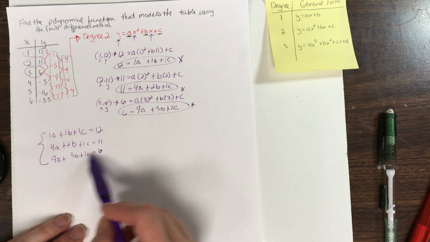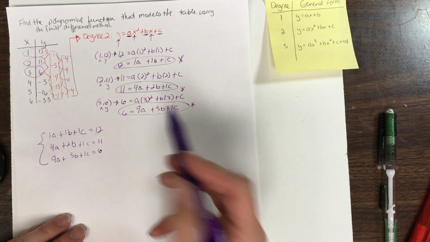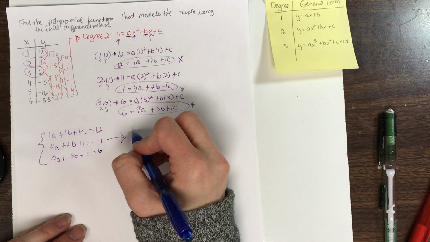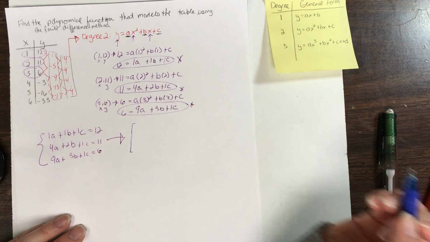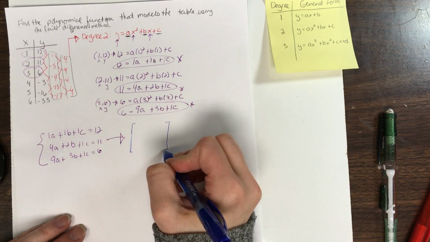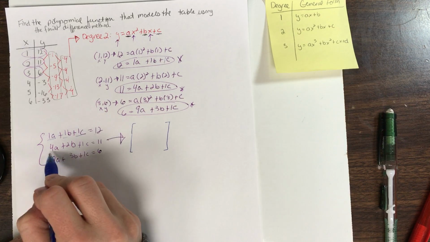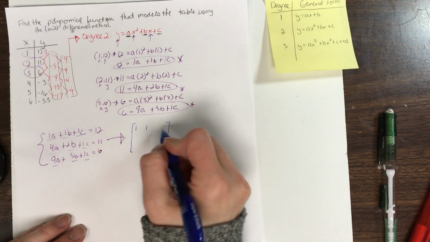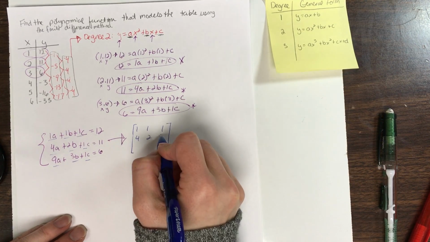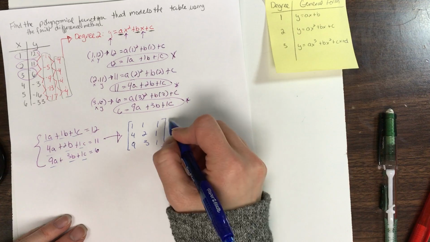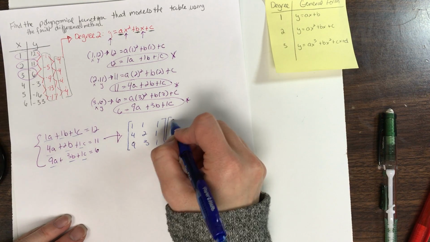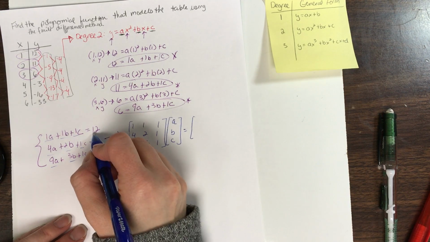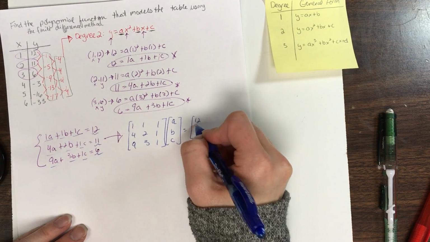So now, to solve a system of 3 equations, what we do is we set up a matrix equation. We learned how to solve matrix equations back in Unit 3. Your first matrix is going to be all of your coefficients, each coefficient in the same order that you see them, times your variable matrix, a, b, c, equals your constant matrix, 12, 11, 6.